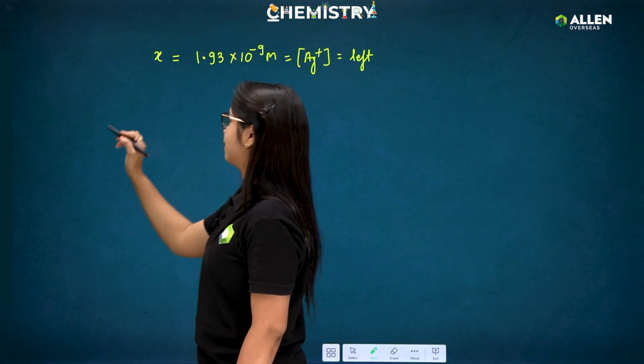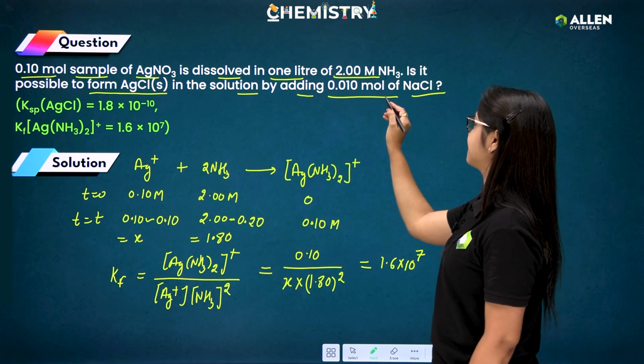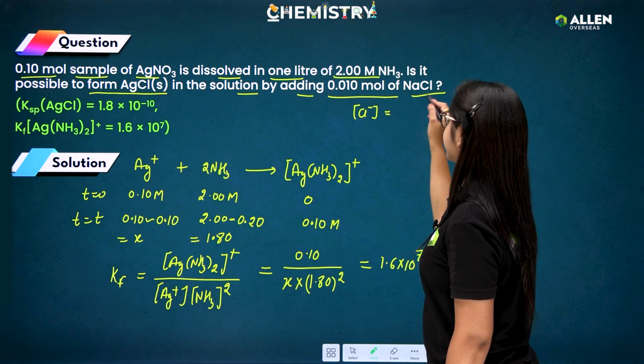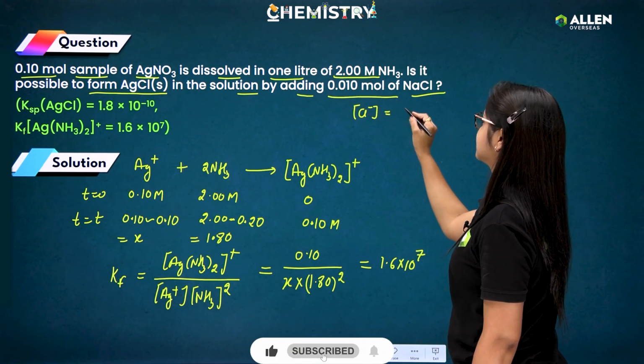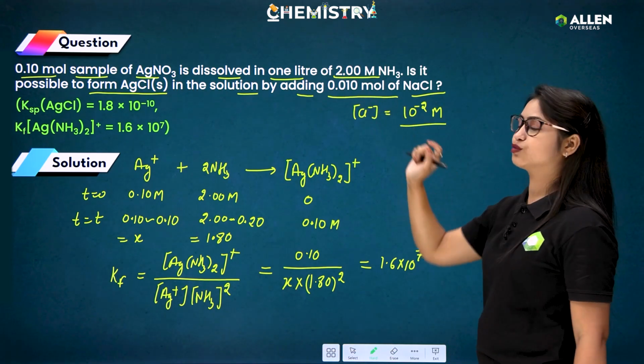Now when you are adding the NaCl, how many moles are you adding? We know the concentration of Cl minus ion will be equal to the concentration of NaCl. So this will be 0.010, meaning 10 raised to the power minus 2 molar. Again the volume is 1 liter.